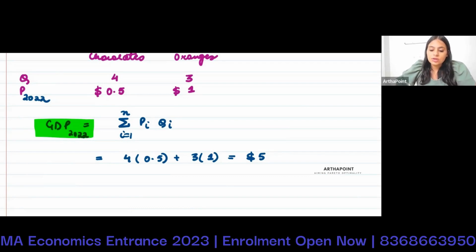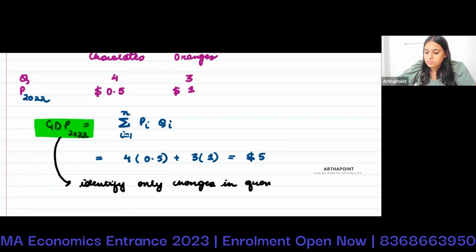So you may want to identify only changes in quantity, holding prices constant.